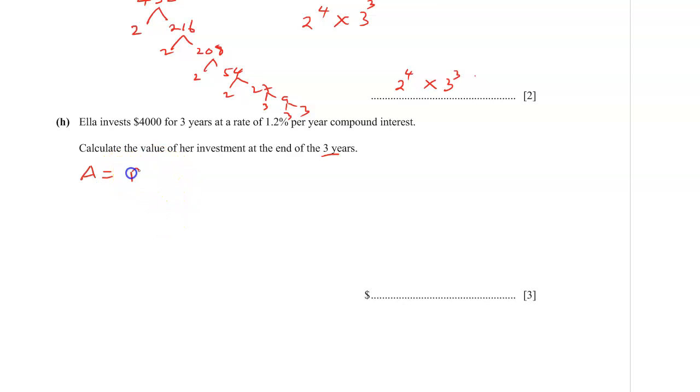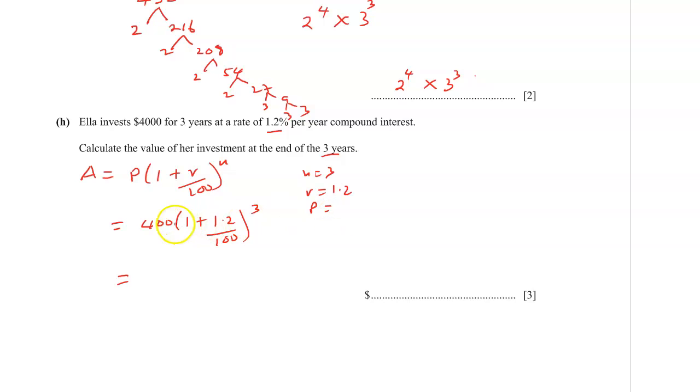So P into 1 plus R over 100 raised to power N. Remember, N is equal to 3, R is equal to 1.2, and P is equal to 4,000.